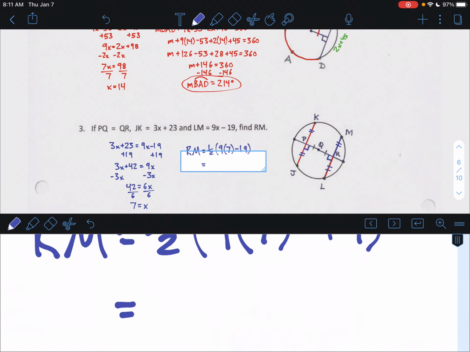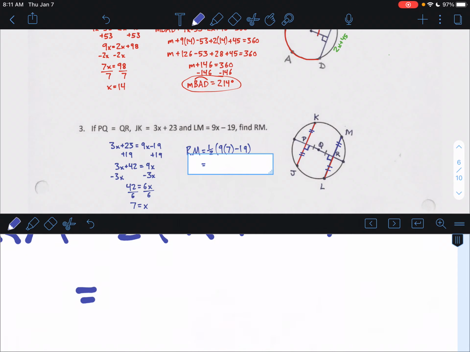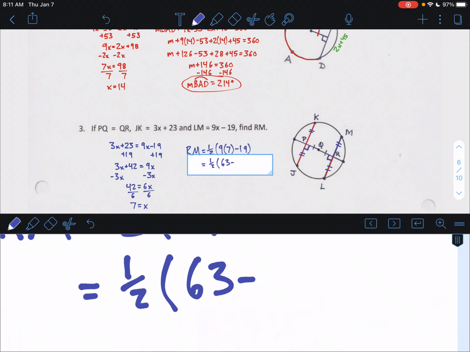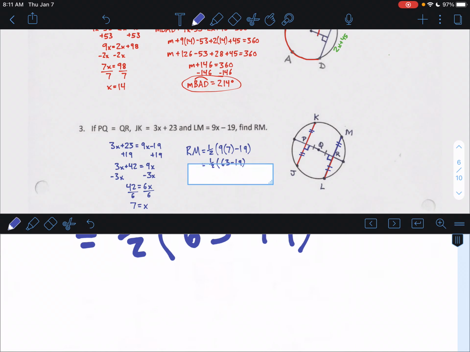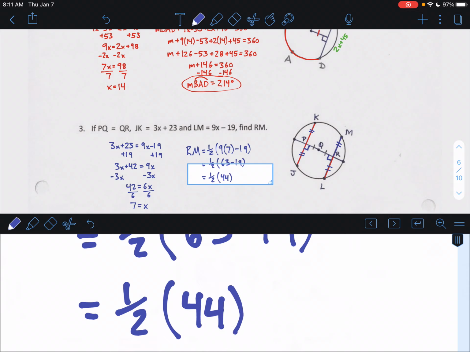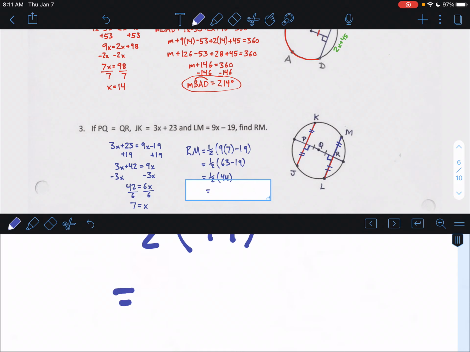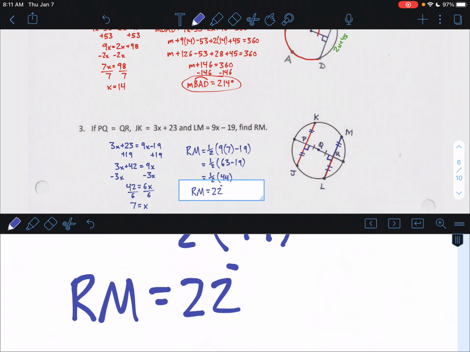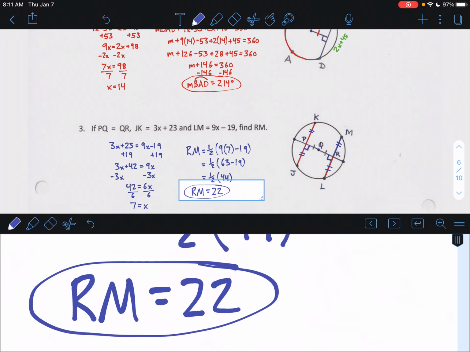I'm not going to distribute the 1/2, I'll just leave that outside until the end. 9 times 7 is 63, so I have 1/2 times 63 minus 19, which is 1/2 times 44, and that is 22. Which means that the distance of RM has to be 22.